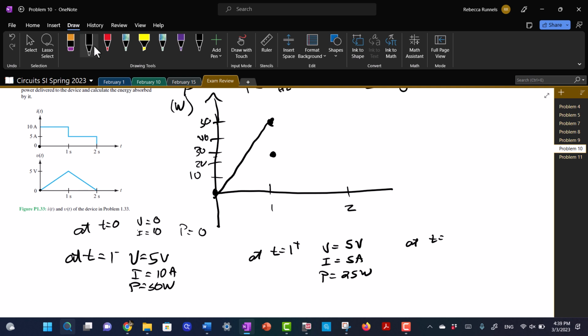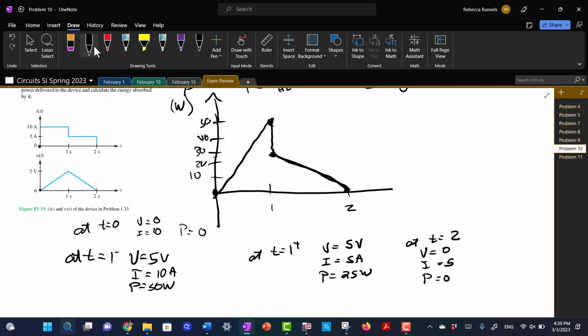And at t equals 2, our voltage is 0, and our current is 5, so our power is 0. Oh, I guess I didn't need a negative side.